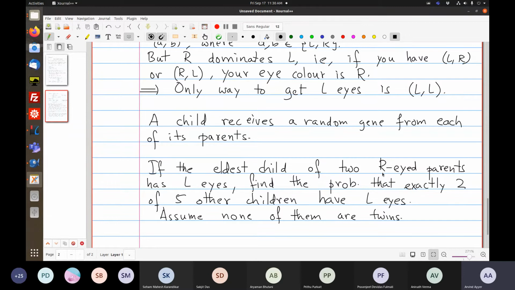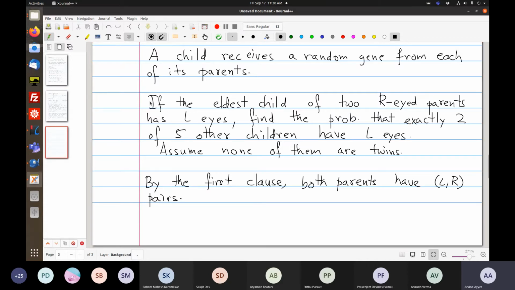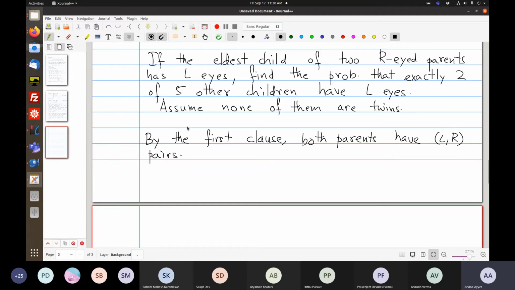So both of them have one L and one R. By the first clause, both parents have LR pairs. This is the important conclusion that you have to draw from the first clause.